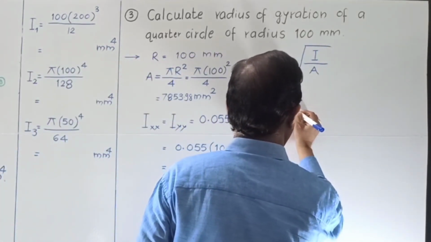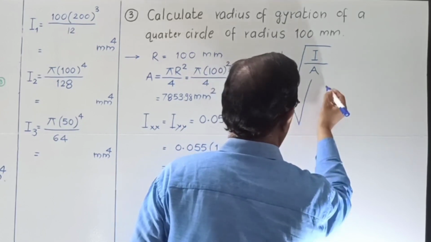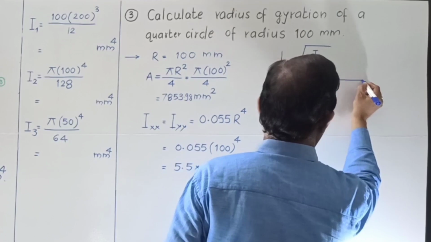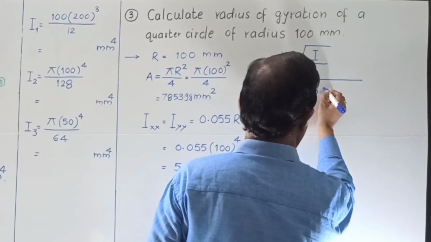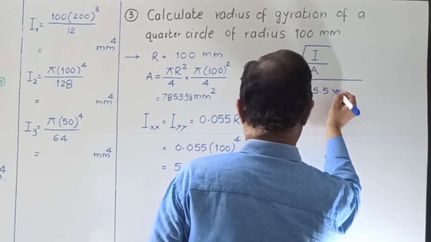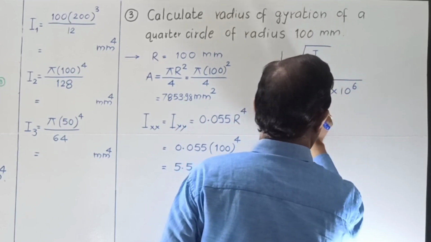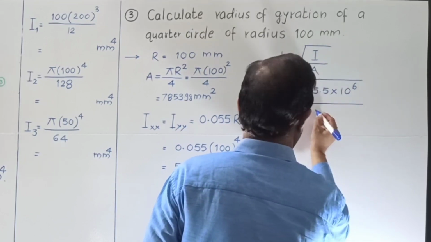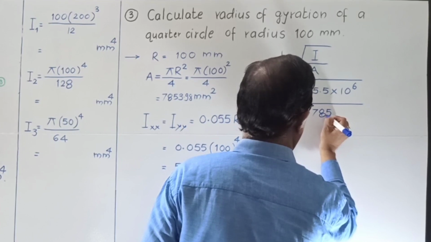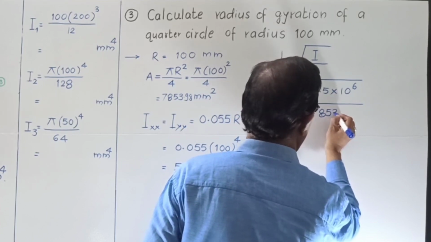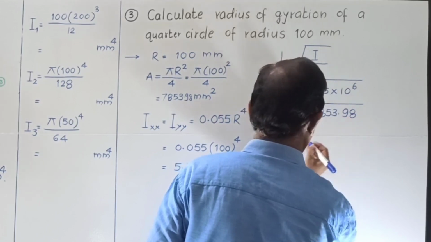Therefore, k will be under root of I, which is calculated as 5.5 into 10 raised to 6, divided by the area, 7853.98 mm square.